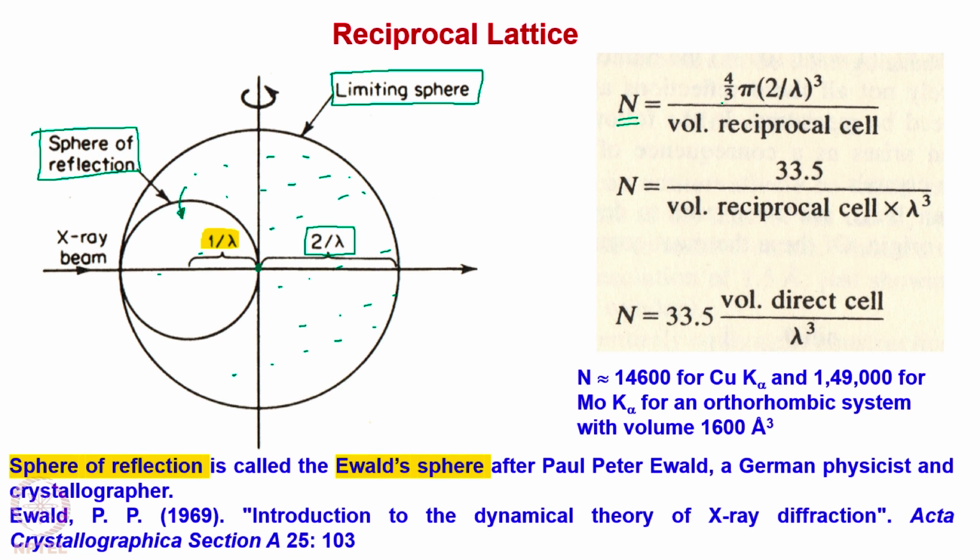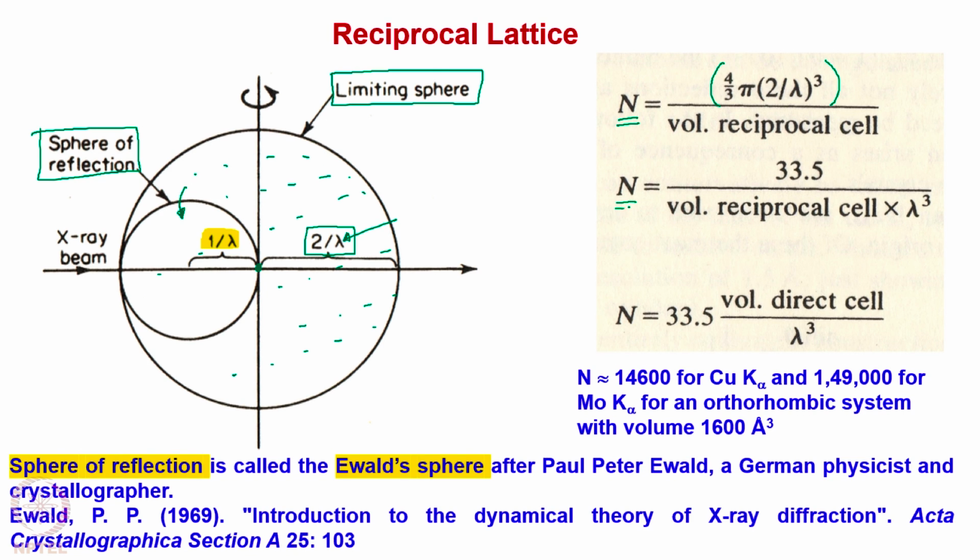The number of reflections can be calculated as 4/3 pi (2 by lambda) cube. 2 by lambda is the diameter of this particular limiting sphere. Whatever reflections fall within this limiting sphere can be recorded, and one can get the data for those reciprocal lattice points.